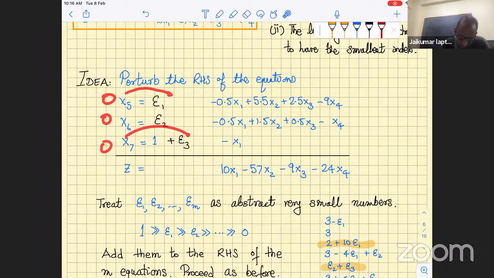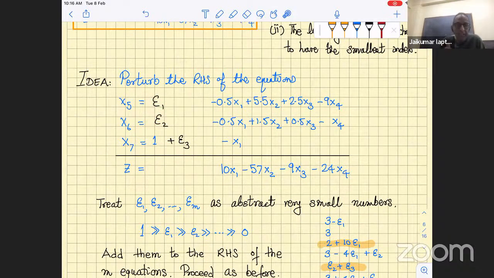The coefficient of x5 and the coefficient of epsilon 1 are negatives of each other. The coefficient of epsilon 1 will be 1, and x5 will become minus x5 here. So epsilon 1 and x5 have coefficients that add up to 0, or they are negatives of each other.